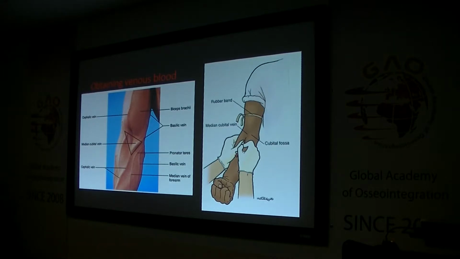So let's spend a bit of time learning how to obtain blood. The easiest area is the antecubital fossa. It's less painful than going to the hand and the other areas, and the veins are fairly thick and quite prominent. So you have to practice getting it from here.